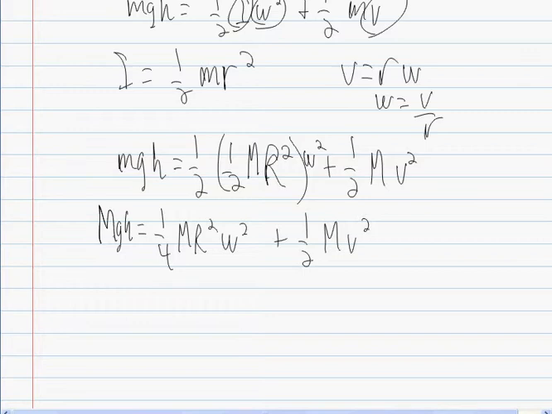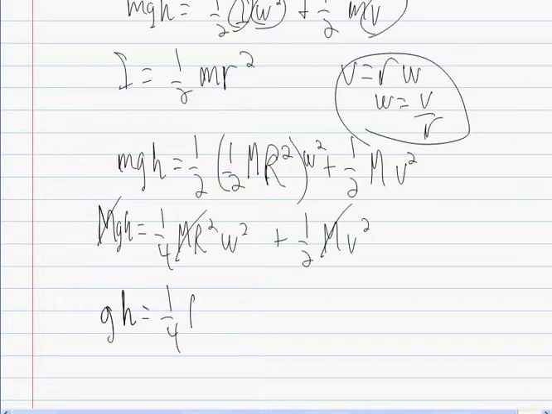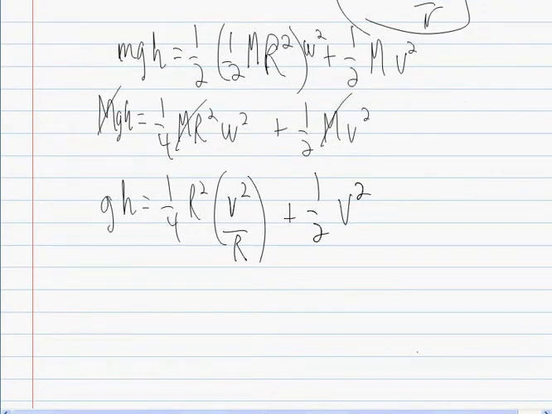Everybody loves that. Now we're going to do our magic with omega. So we'll have gh equals 1/4 R squared v squared over R plus 1/2 v squared. So actually it's v over R, quantity squared, sorry. So we're going to end up squaring these.